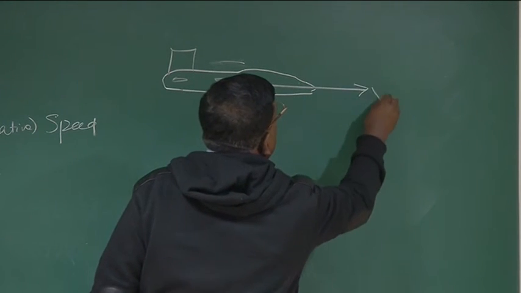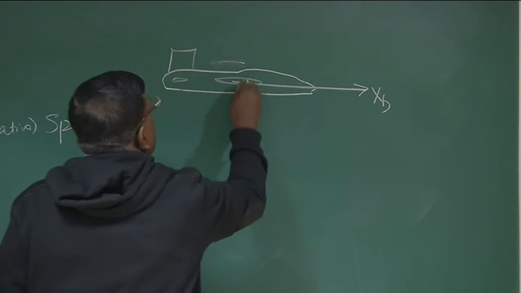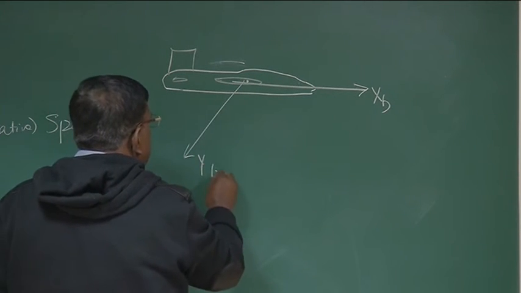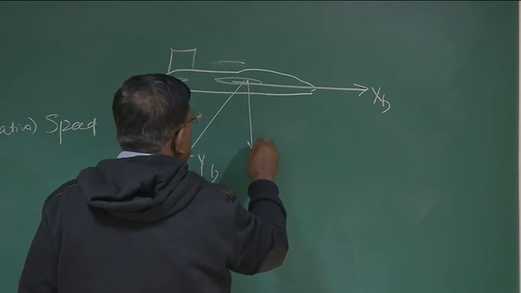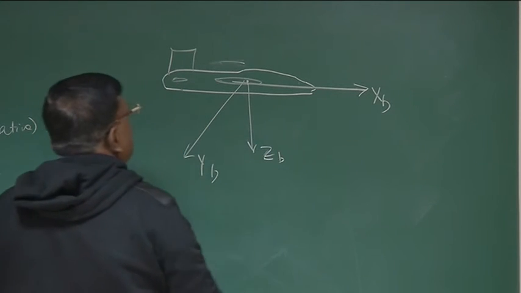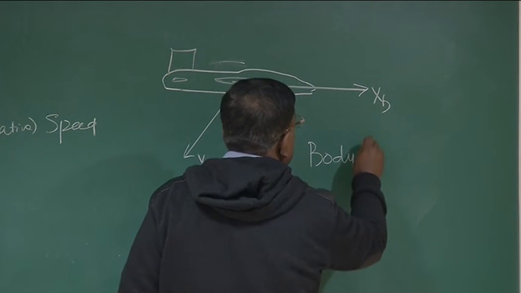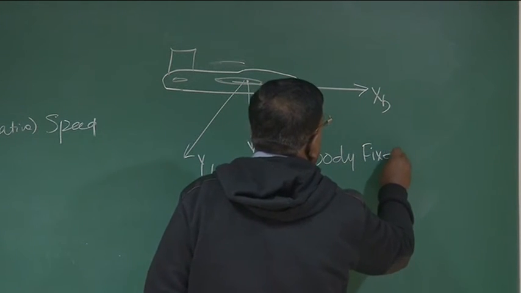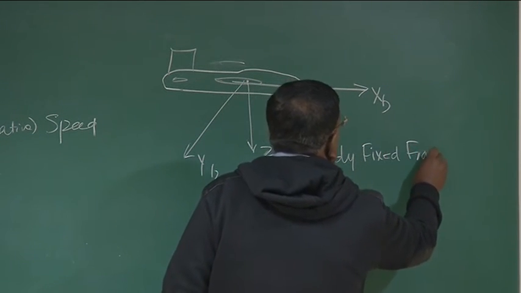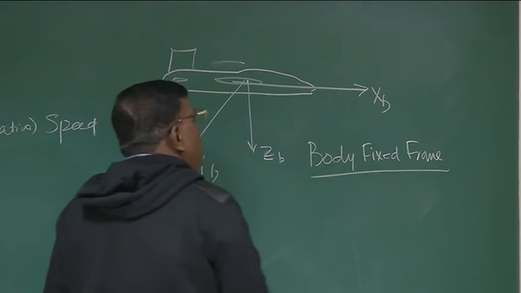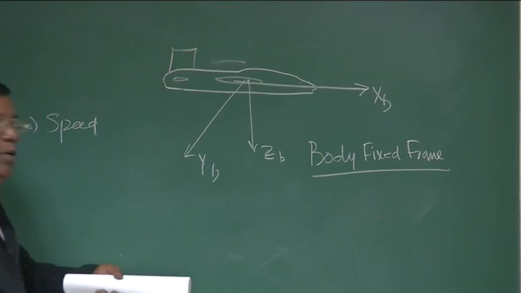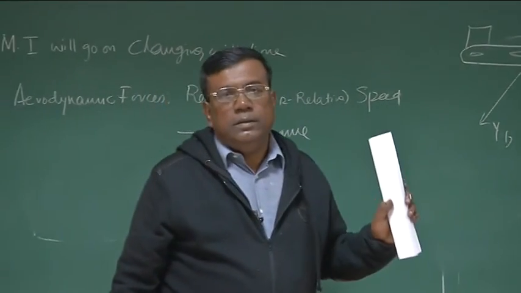Let us say this is XB, YB and ZB. This is the body fixed frame. That means as the body rotates, the frame also rotates.